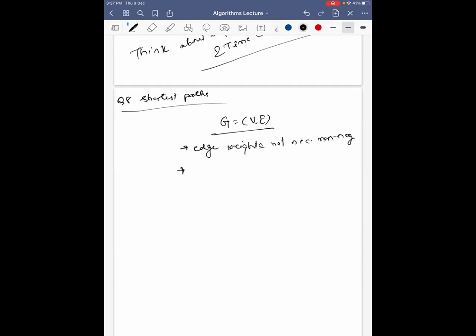And if at all it contains a negative cycle, then you should report so. Is the problem statement clear to everyone? Yes. So my question is, how do you find a negative cycle in a graph?